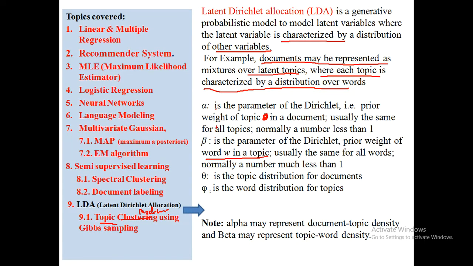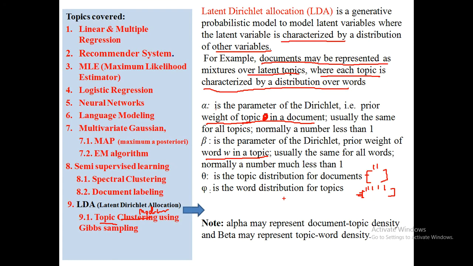So this is important: alpha is the Dirichlet parameter for weight of topic in a document, and beta is the Dirichlet parameter for word in a topic. Another variable is theta, that is the topic distribution for documents. This may be considered as a matrix where rows are documents and columns are topics. And phi is the word distribution for topics, where rows may be considered as topics and columns may be represented by words.